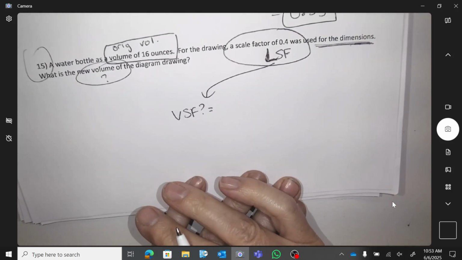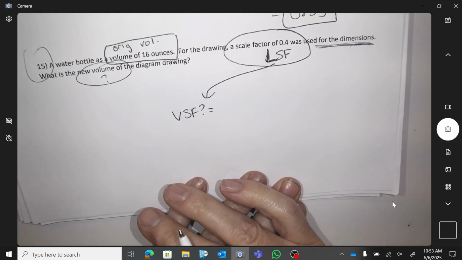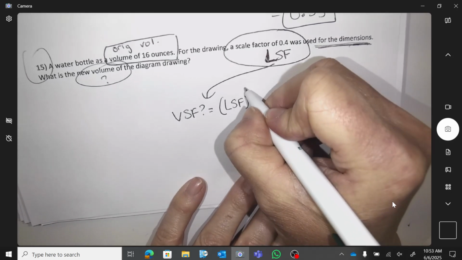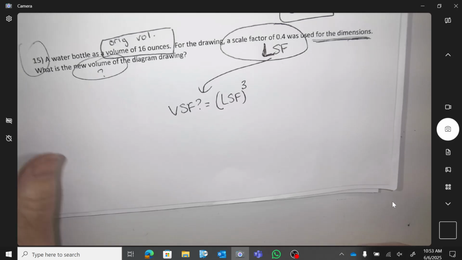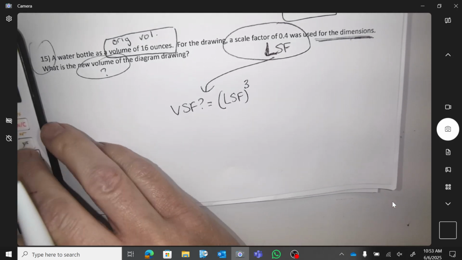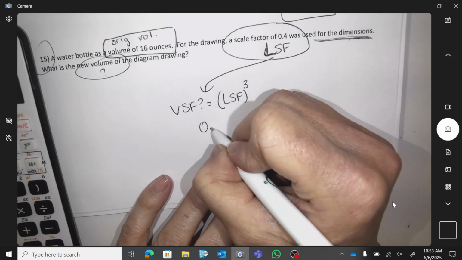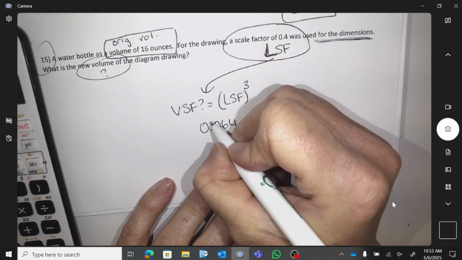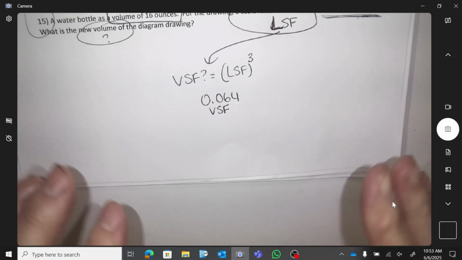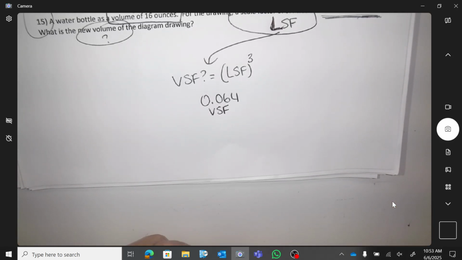How do you get that volume scale factor? Linear scale factor cubed. So that is how my volume is changing.